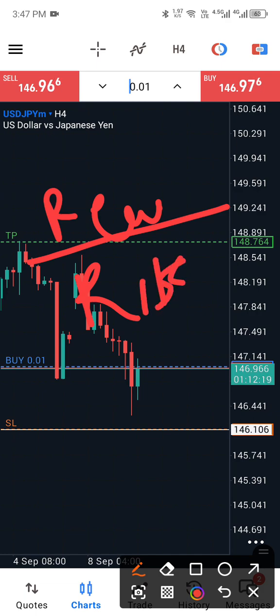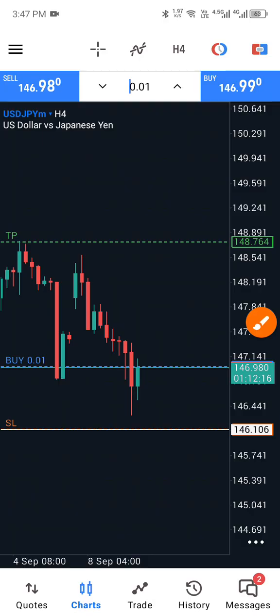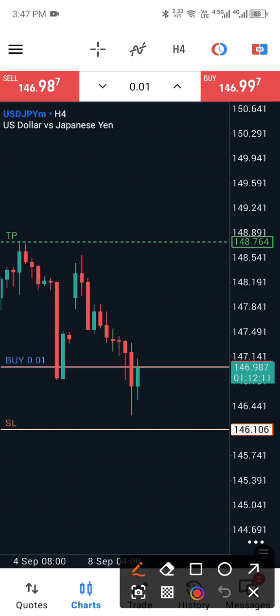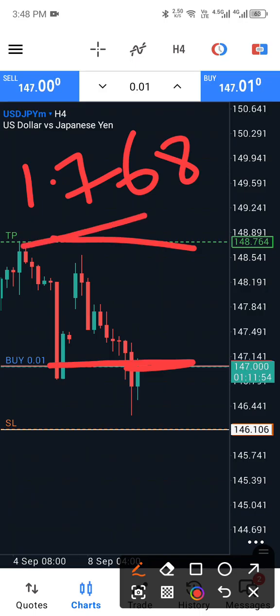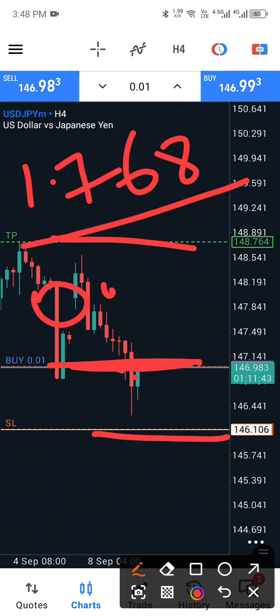What's the reward? The reward we got is the distance between the point which you bought and your take profit, which is 1.768. You are going to divide it by your risk, which is the distance from your entry point to your stop loss, which is 0.89.